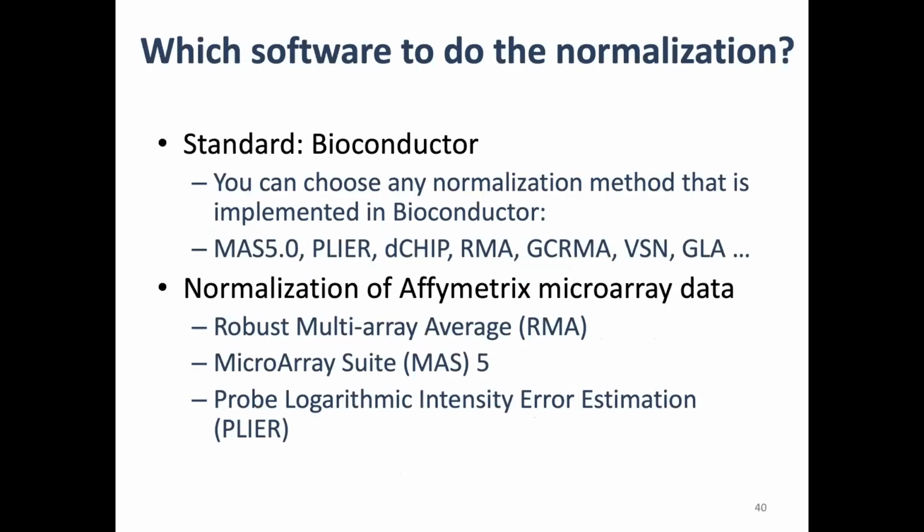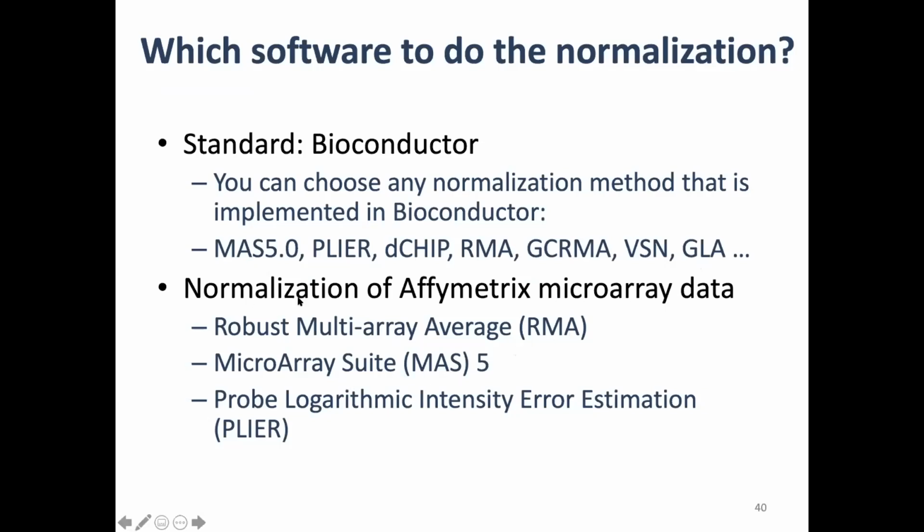Which software do you use to normalize? Usually you use Bioconductor. There's MAS5, there is PLIER, dChip, RMA, GCRMA, and so forth. In Affymetrix microarray, people use RMA.